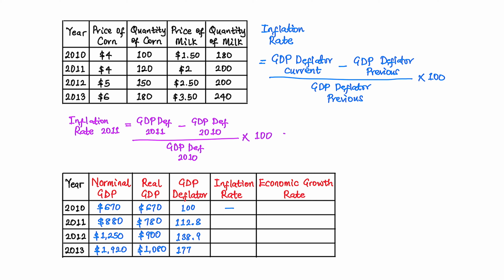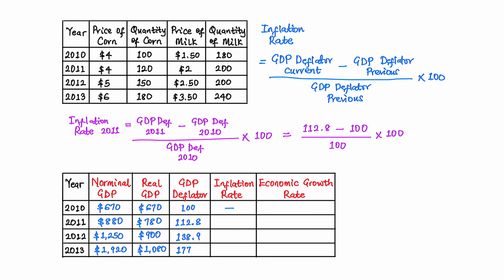So that's equal, GDP deflator in 2011 is 112.8 minus the GDP deflator in 2010, that's 100, divided by GDP deflator in 2010, that's also 100, then times 100.